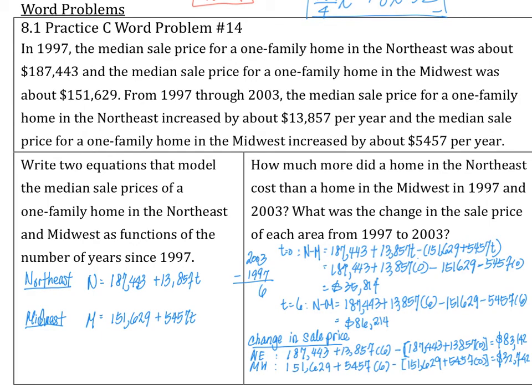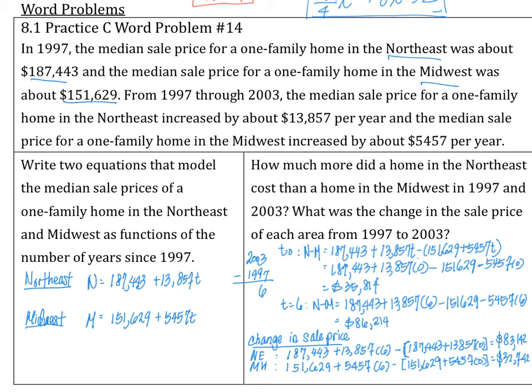Word problems. In 1997, the median sale price for a one-family home in the Northeast was about $187,443, and the median sale price for one family in the Midwest was about $151,629.